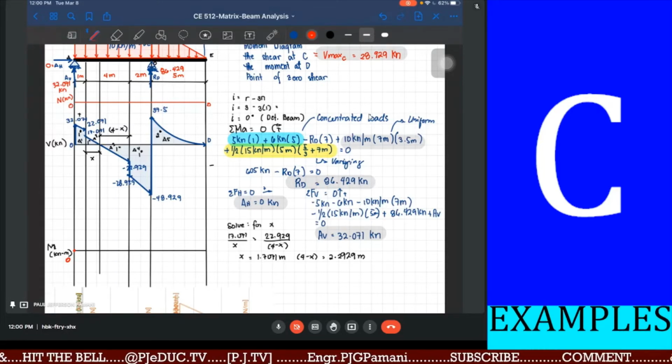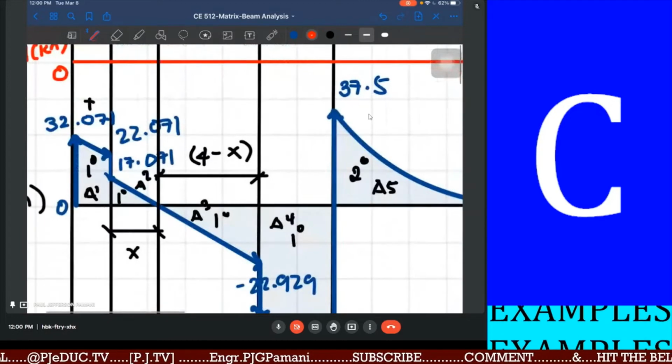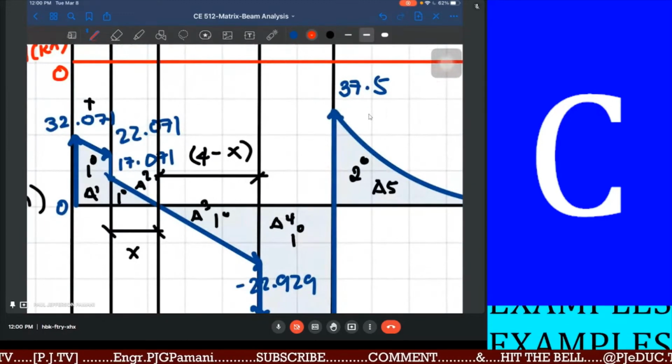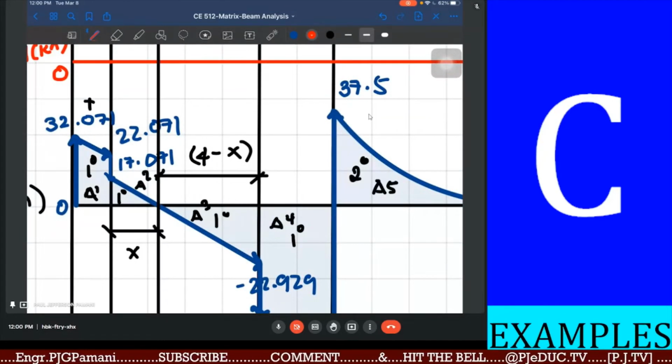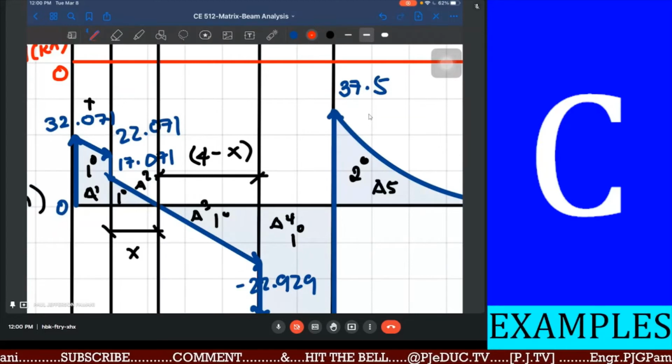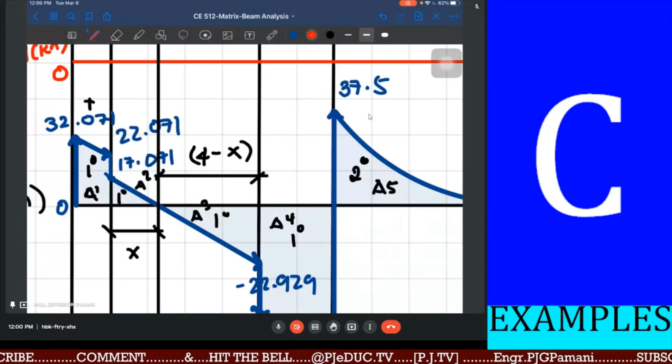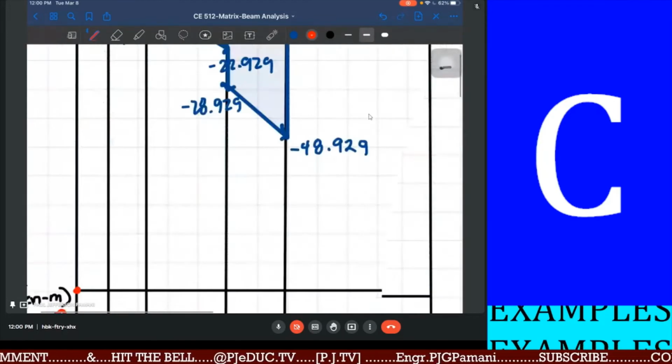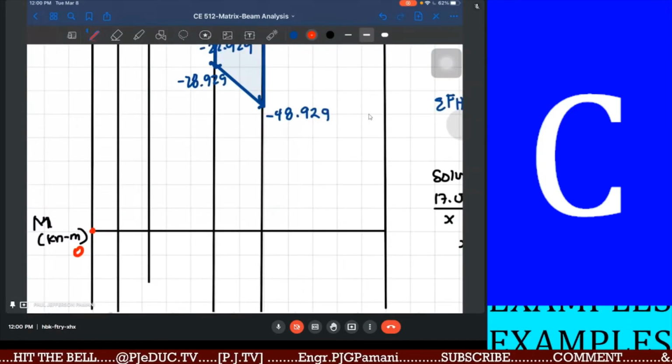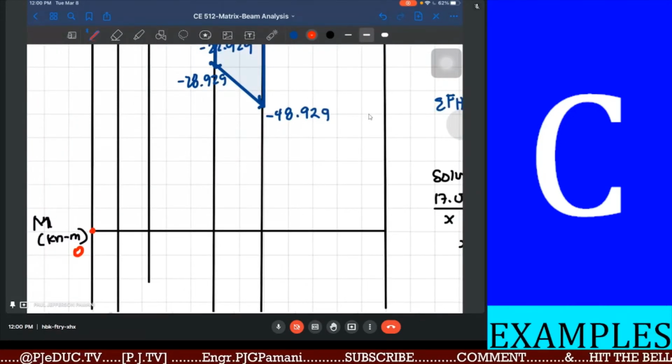32.071 plus 22.071 over 2 times the base of 1 meter. Gave us 27.071. First degree.